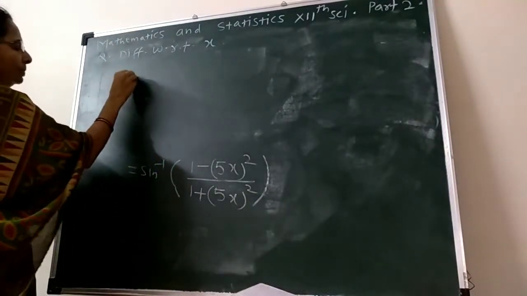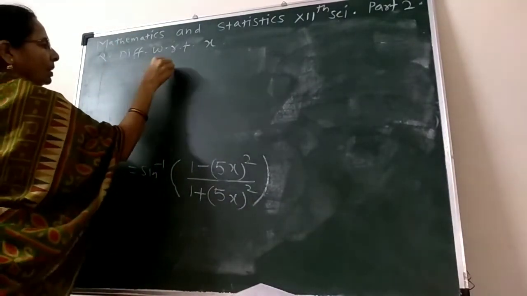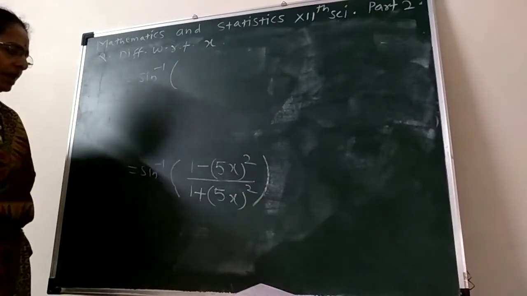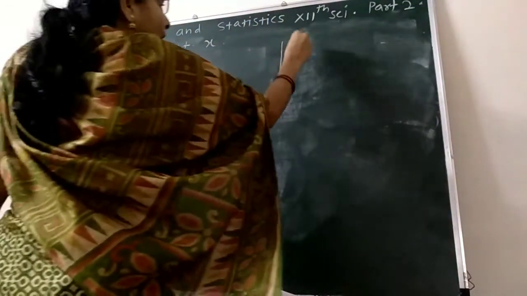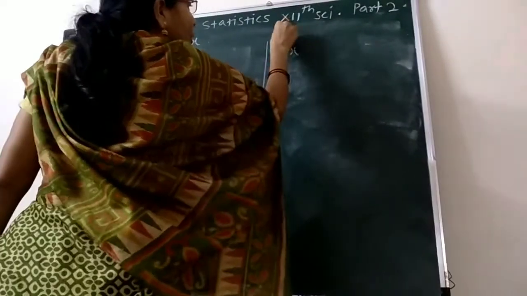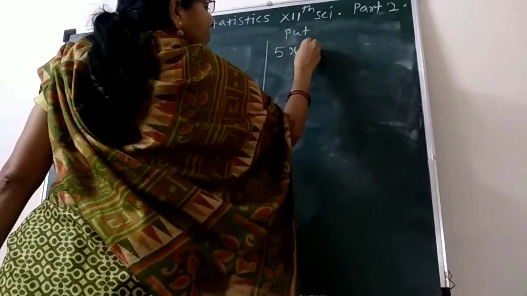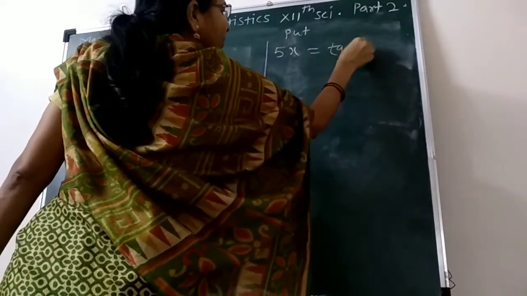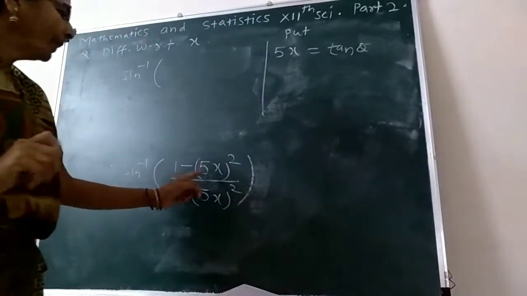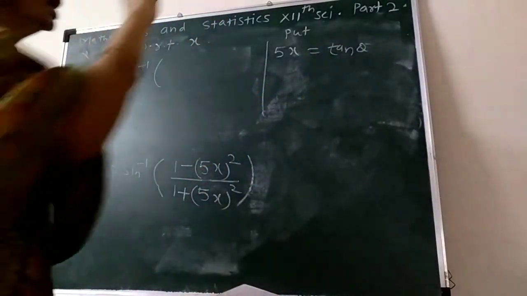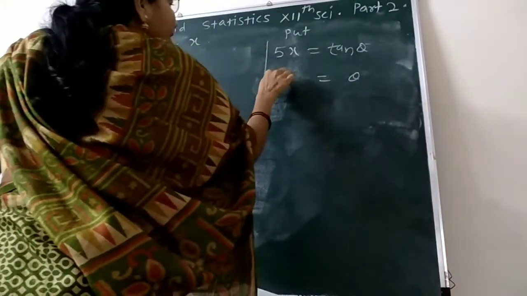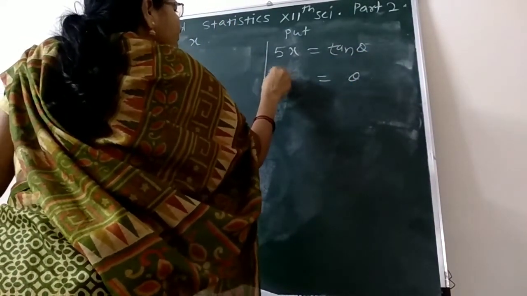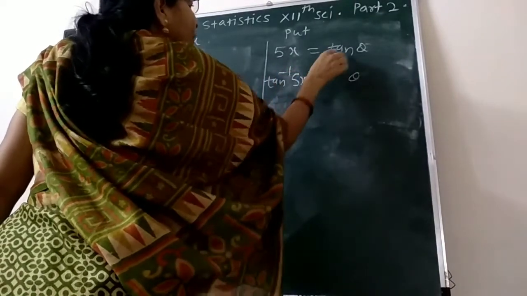Put 5x equal to tan theta, so theta is equal to tan inverse 5x.